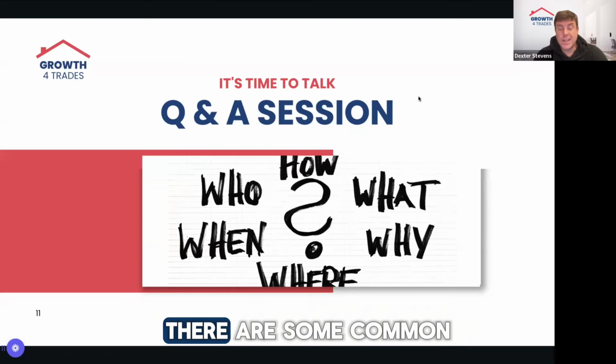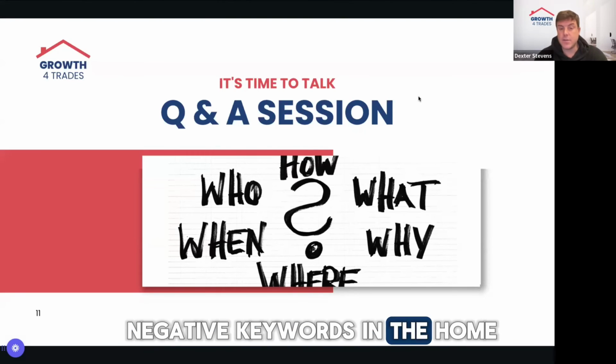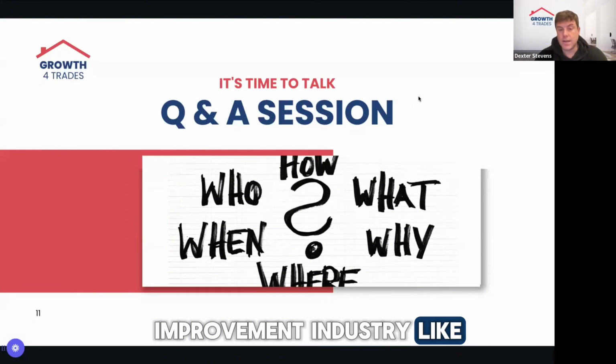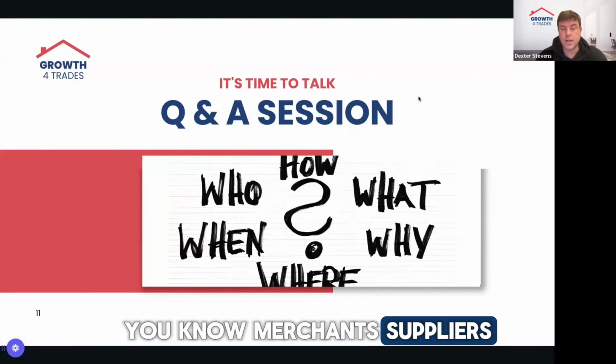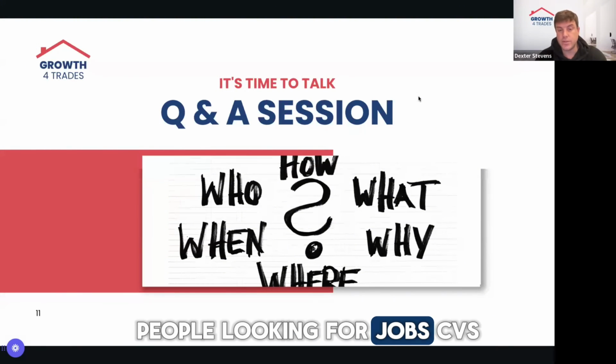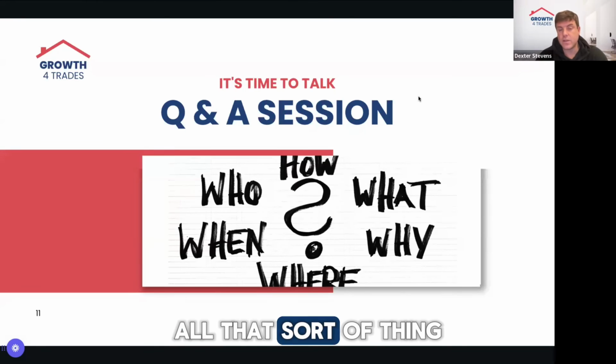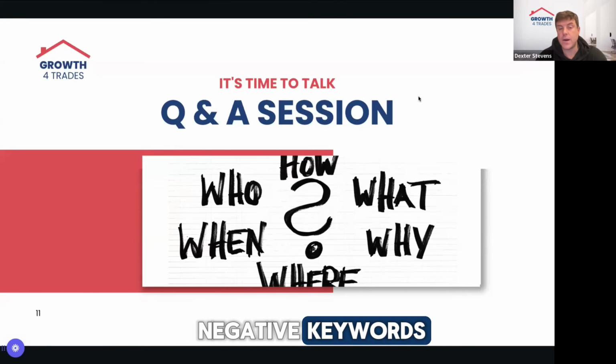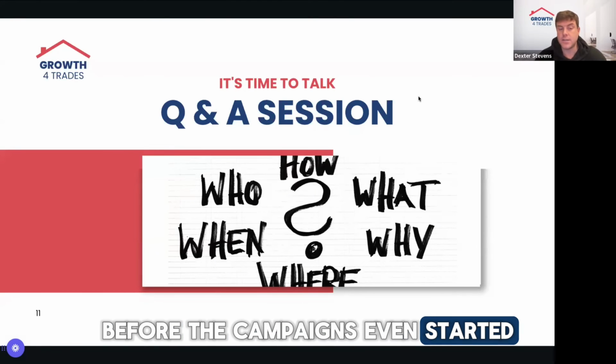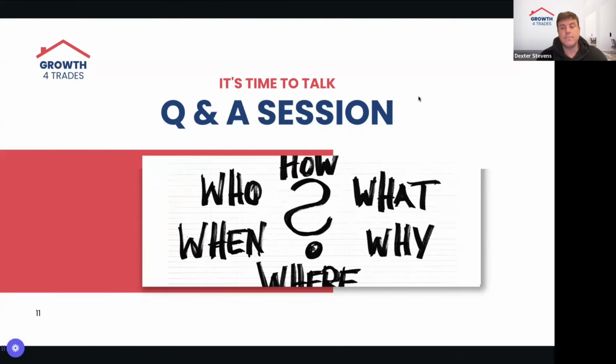I feel like there are some common negative keywords in the home improvement industry, like merchants, suppliers, people looking for jobs, CVs, all that sort of thing. We can add those in the negative keywords before the campaign has even started to avoid you coming up for those. Hope that makes sense.